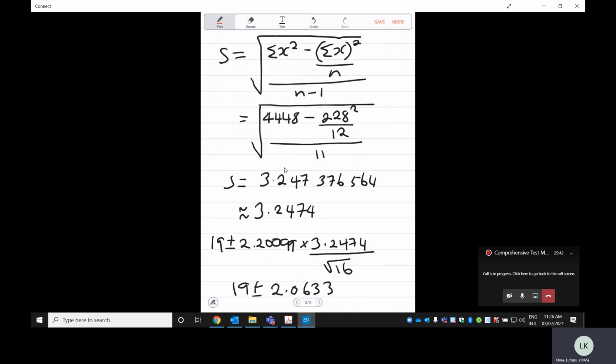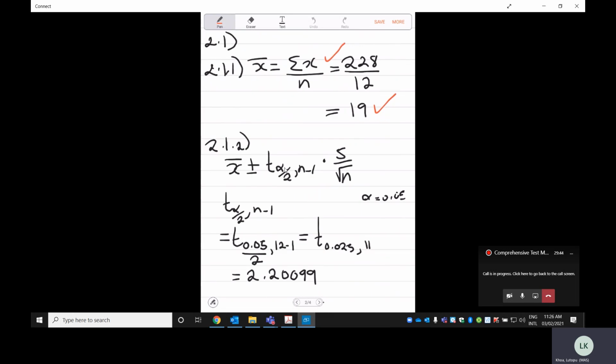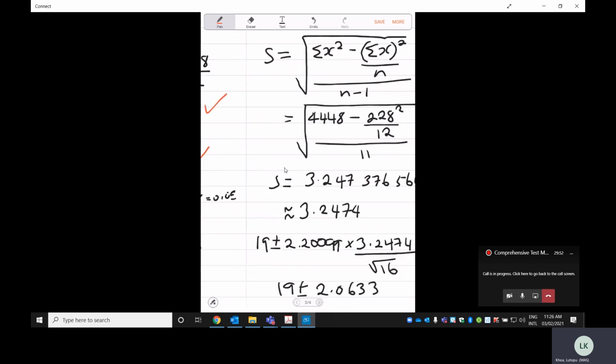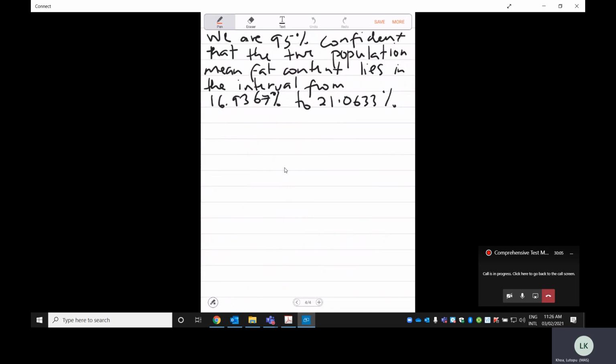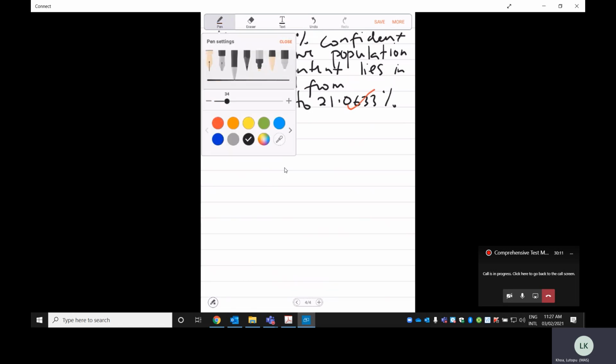So this formula here, I wrote it right at the top, so you get a mark for that. Then the second is for the substitution. Where did I do the substitution? Okay, so the t statistic and the standard deviation, and then the last one is for the endpoints, like that. So that is your 5 marks.